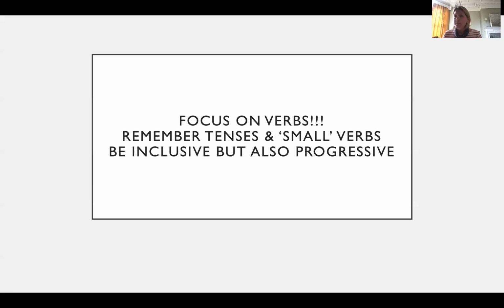And that's just about being able to understand conversations, but it's also about being able to understand stories. Most stories, in fact, nearly all stories are written in the past tense.